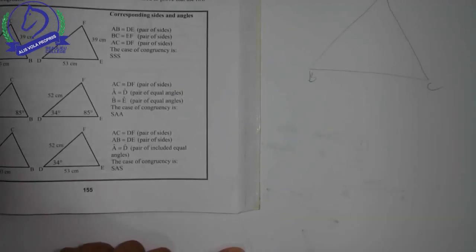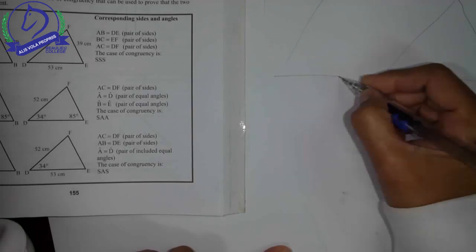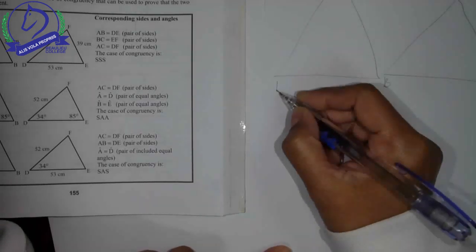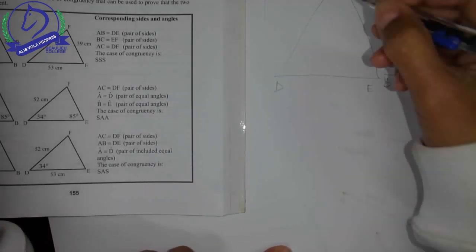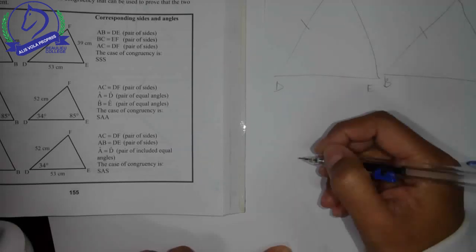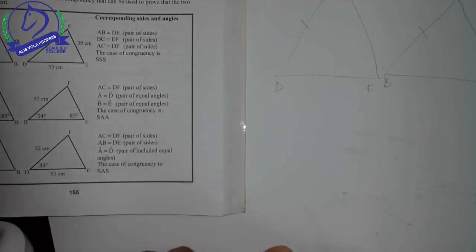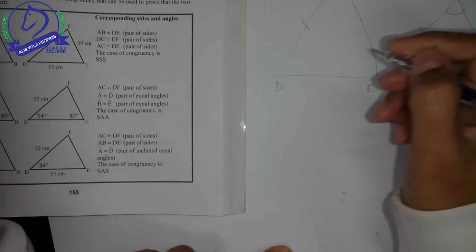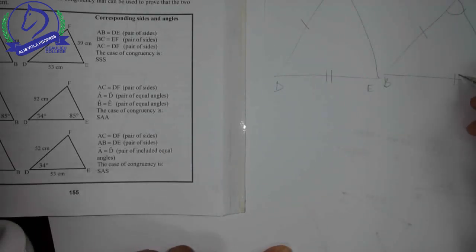So if I have triangle ABC, and if I have another triangle next to it, so let's draw it here. Let's draw triangle CDE. And if it was given that that angle is equal to that angle, and this side is equal to that side.